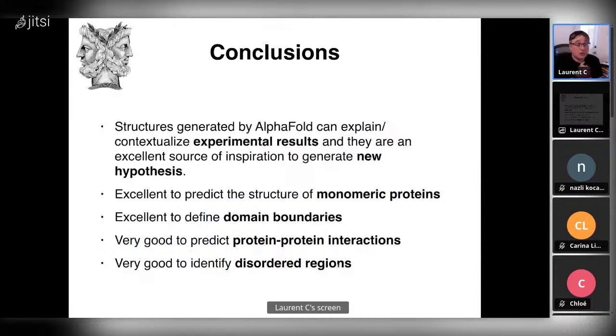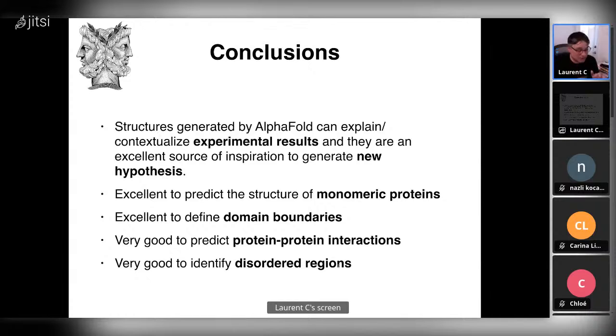So as a conclusion, structures that are generated by AlphaFold or the other programs are really useful to explain or contextualize experimental results, and they're an excellent source of inspiration to generate new hypotheses.